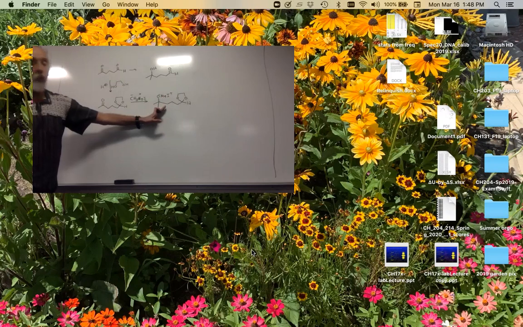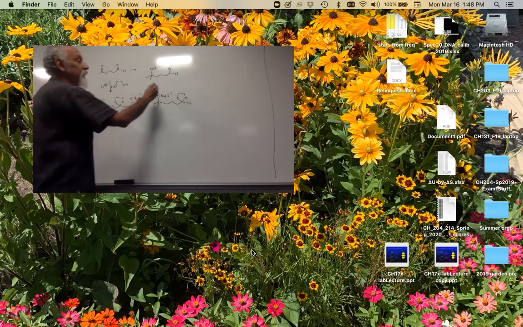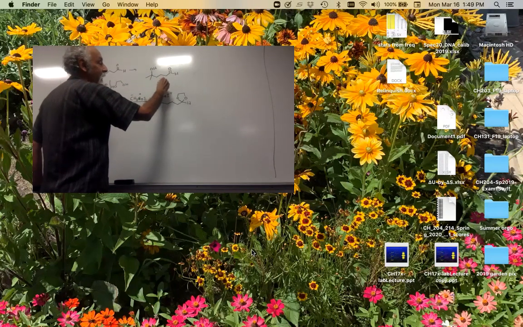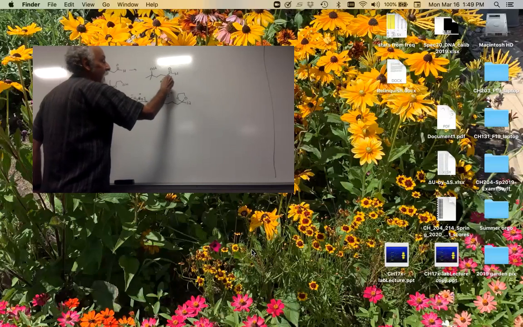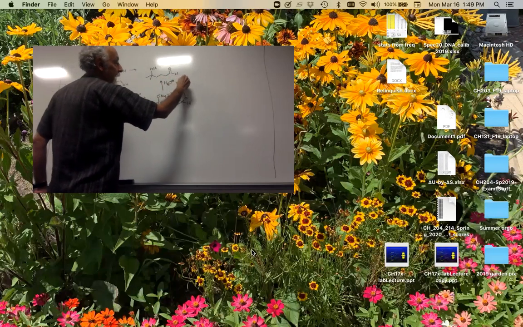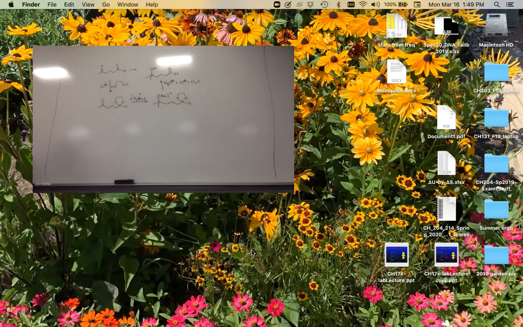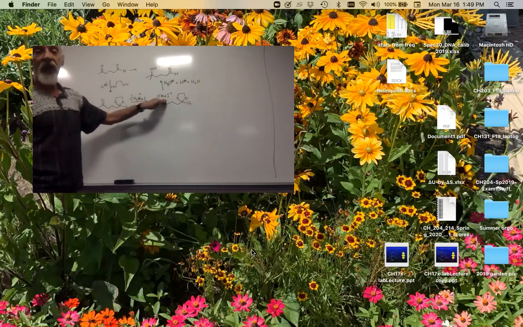I'm done with the protection. I've introduced the group that I wanted to introduce, and now I can get rid of it. By deprotection, I add acid and water, H3O+. So that's the deprotection. And that H3O+ also works up the Grignard reaction mixture.